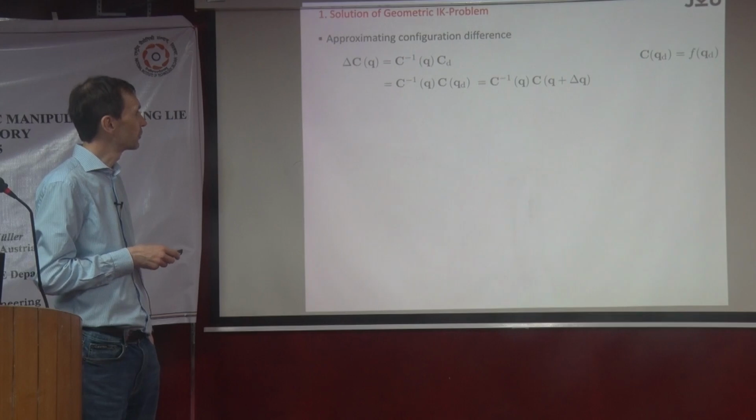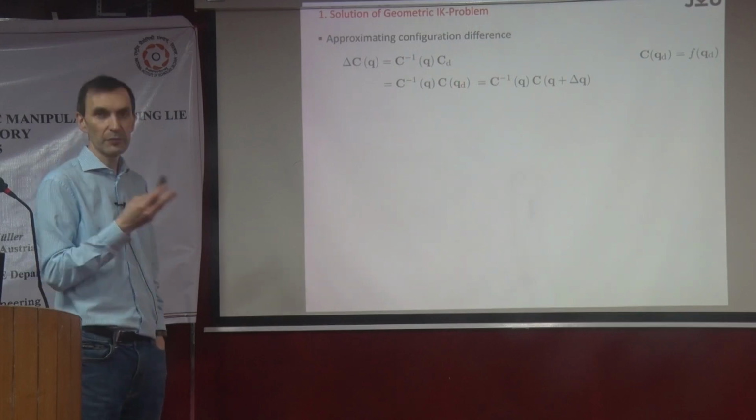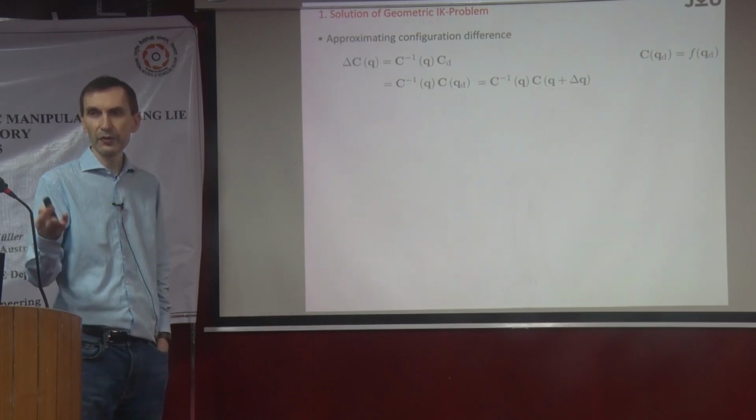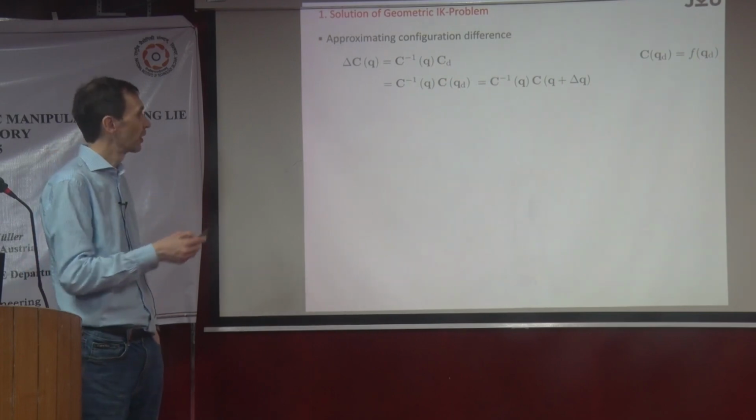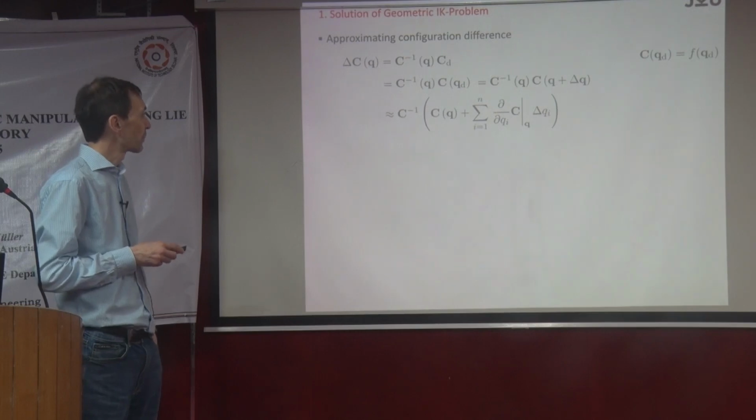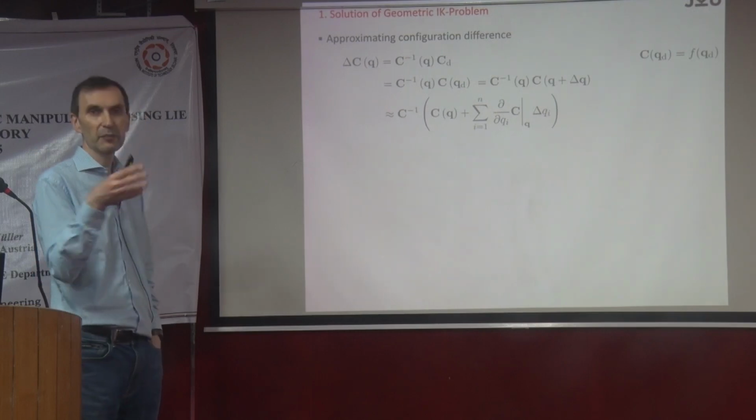And then I say, this QD is, as we said, just the Q where I start from plus an offset, and the offset I need to compute. And now what you do is, again, a Taylor expansion.